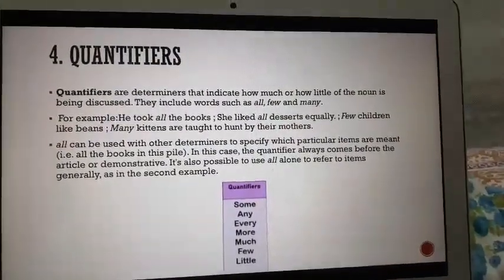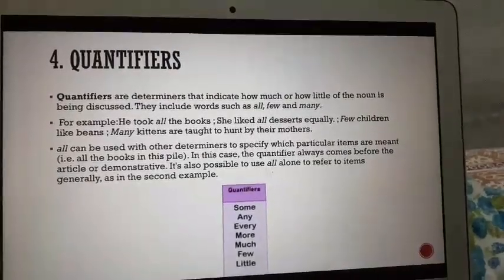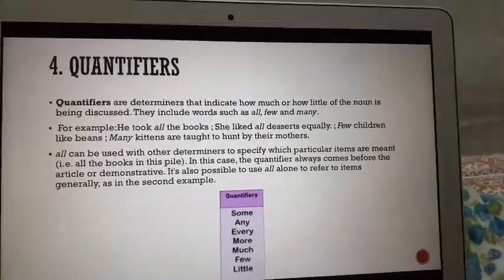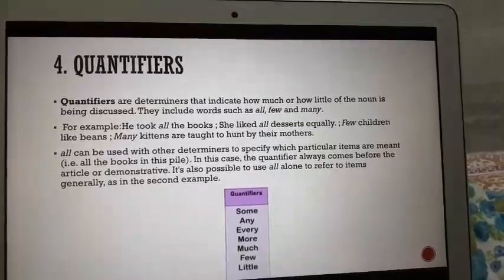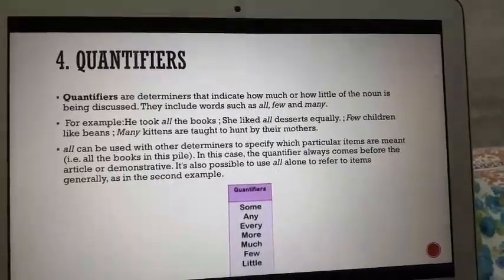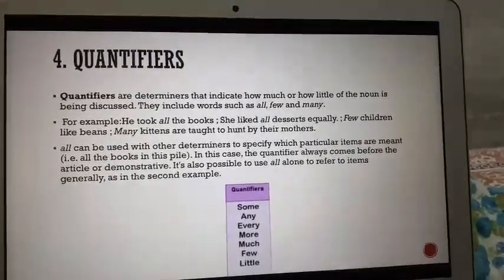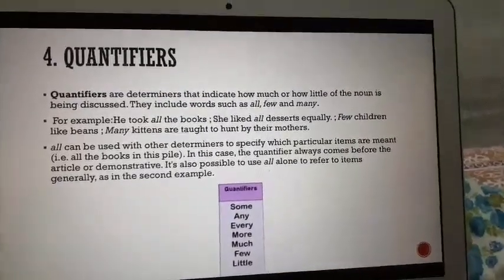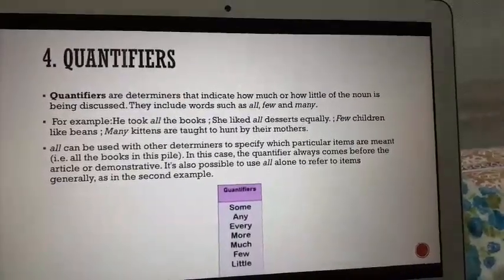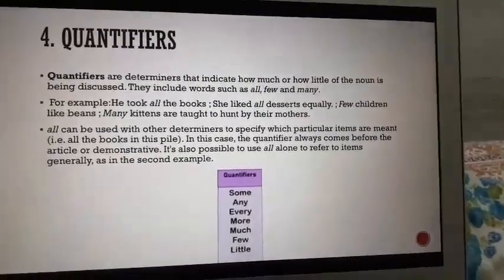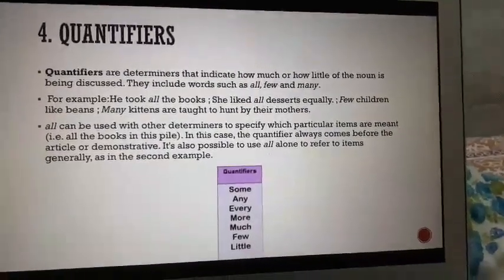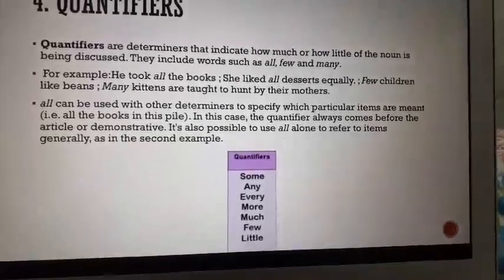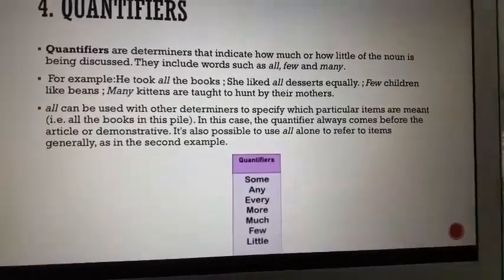All can be used with other determiners to specify which particular items are meant. For example, all the books in this pile. In this case, the quantifier always comes before the article or demonstrative. So it can be used with an article as well, like it's used here: all the books.